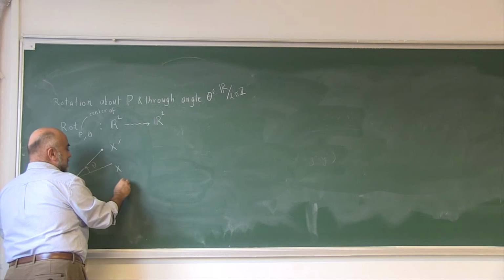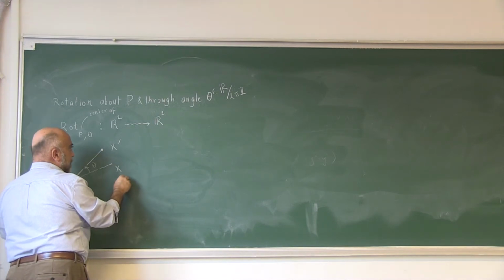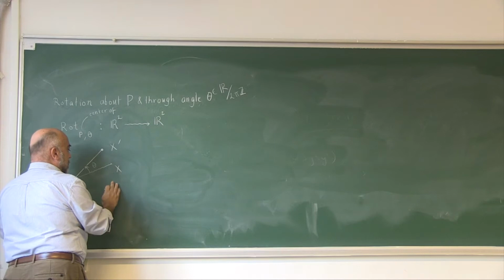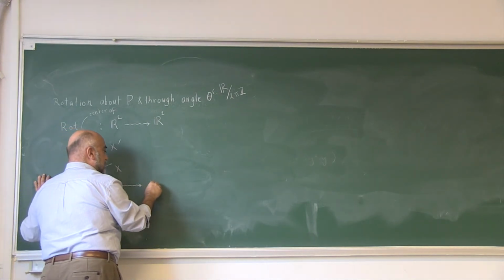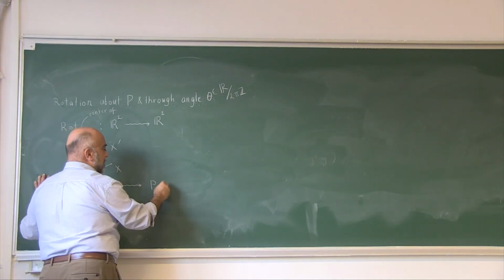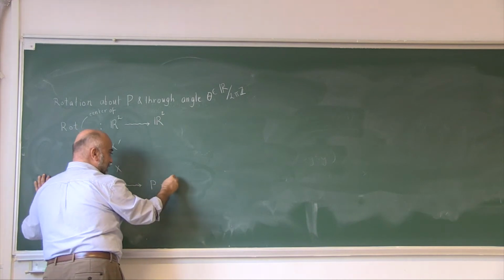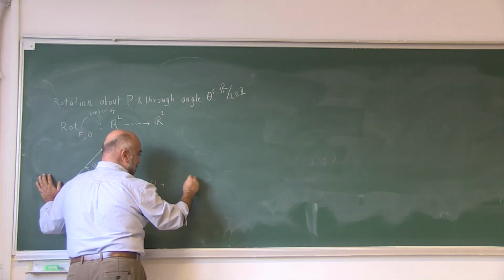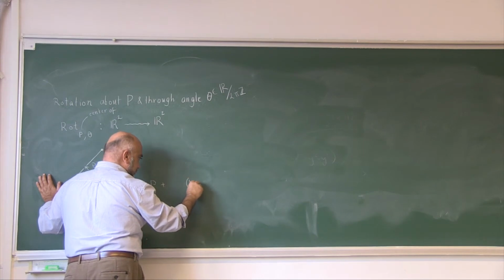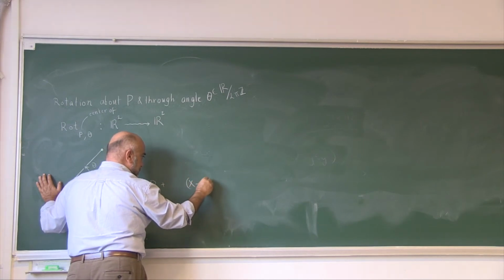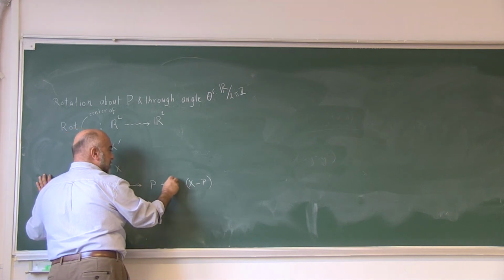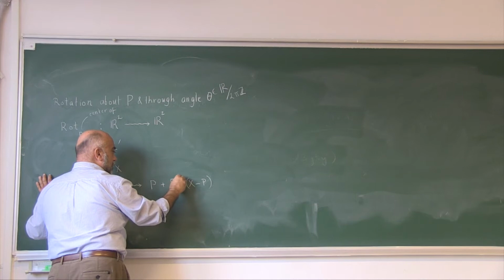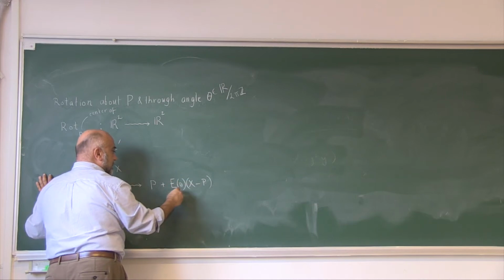So exactly what's happening is that X goes into, let me use vector notation. The point P, the center of the rotation, is fixed, and X itself can be expressed by saying that this is, of course, X. Now, if I rotate this vector by angle theta, what's this?